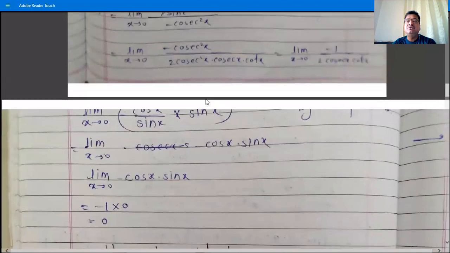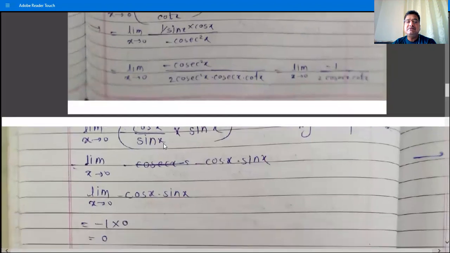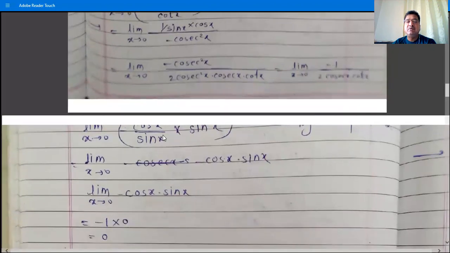That is equal to limit x tends to 0. Cosec x means 1 by sin x, and cot x means cos x by sin x. So if we write 1 divided by cosec x, it is sin x, and divided by cot x, which is cos x by sin x, it is sin x by cos x.